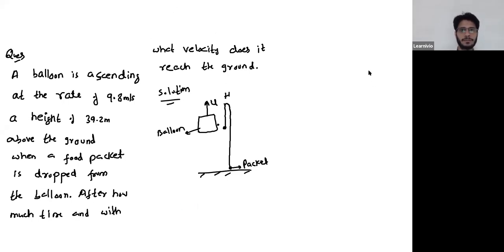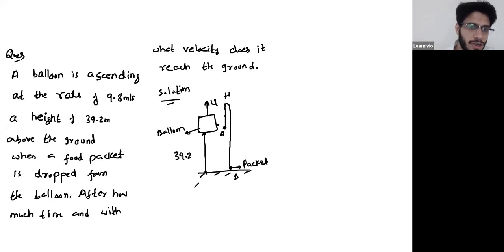So now, this is initial point A and this is final point B. When you drop the packet, the balloon was at a height of 39.2 meters.